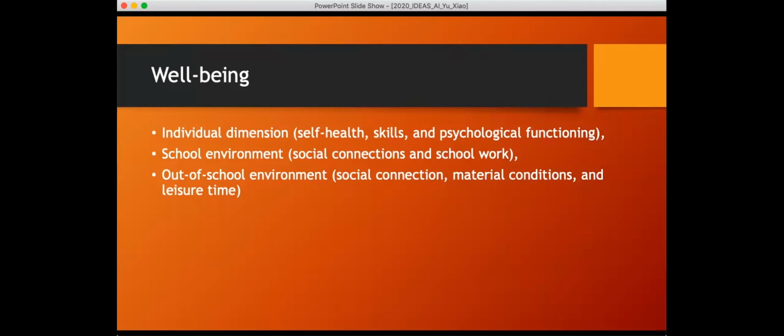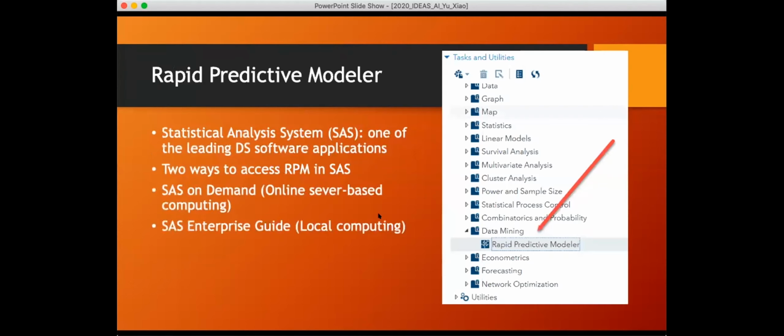Out of school environment, once again, social connection, material condition, your parents, SES, do they provide you sufficient resources to excel, and so on. Okay, so now let's look at how we can do automatic rapid predictive modeling.